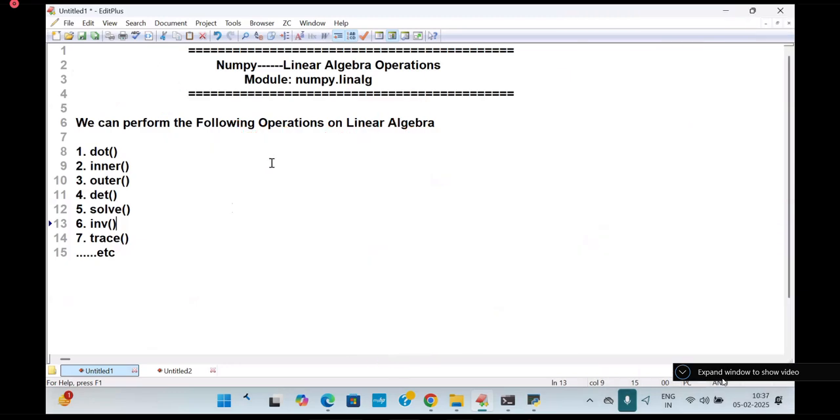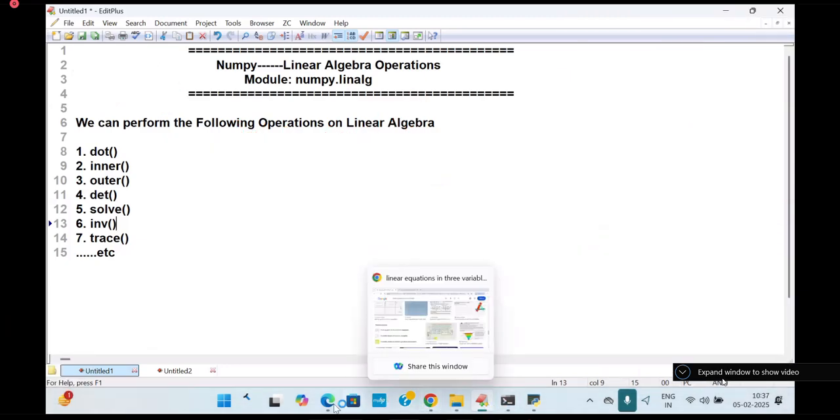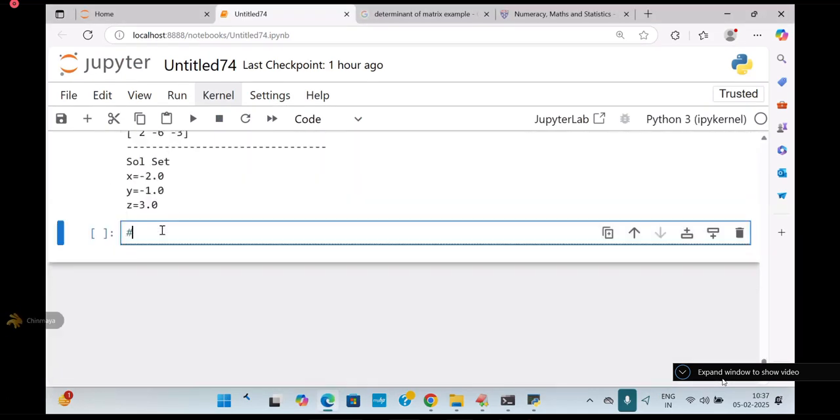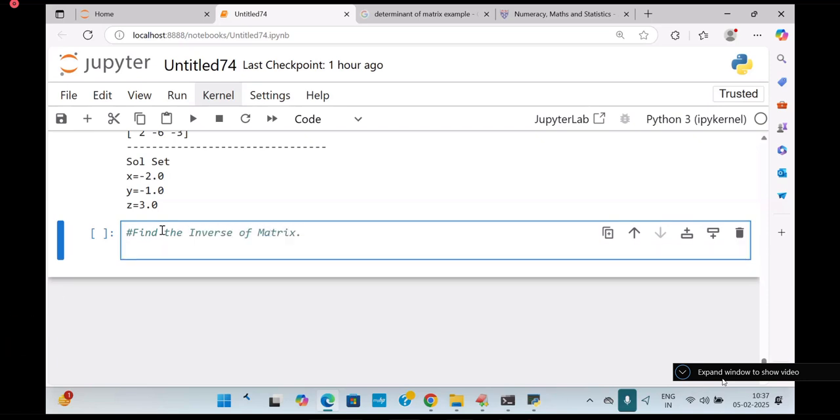Coming to this place, now go to the values I took. Find the inverse of the matrix. Come on, take the matrix.